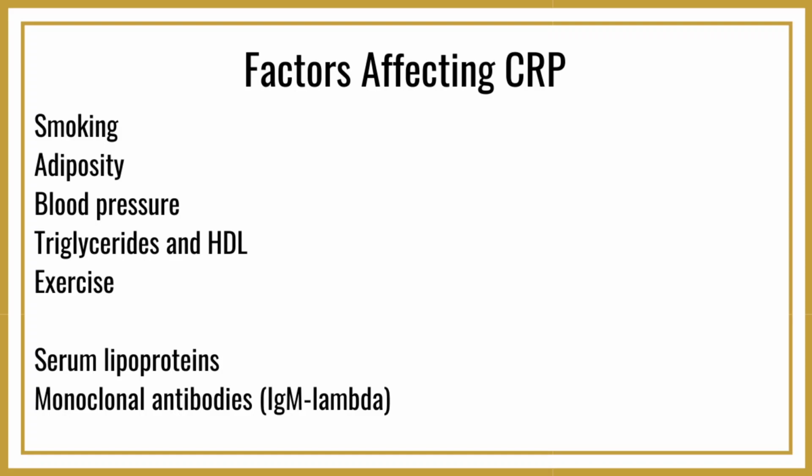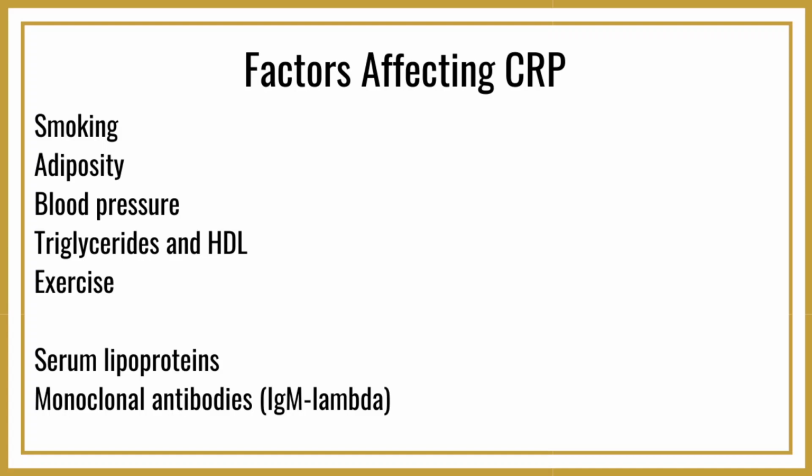And then I've included 2 more here: serum lipoproteins and monoclonal antibodies, especially IgM lambda. I included them because they can trick the equipment and give you a false increase in CRP.